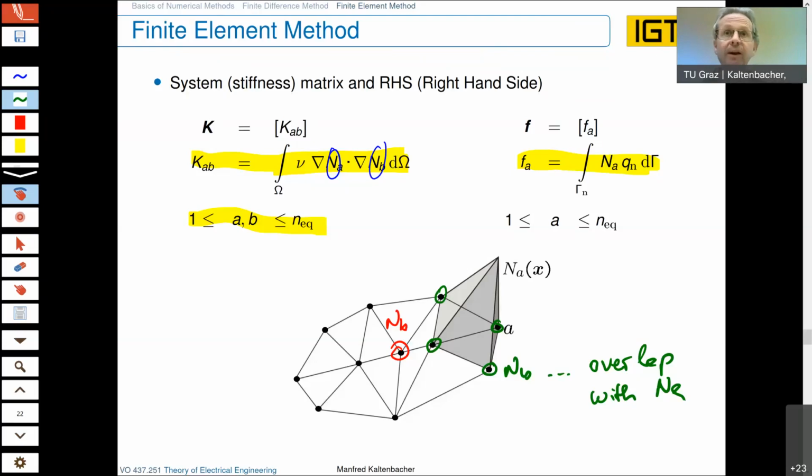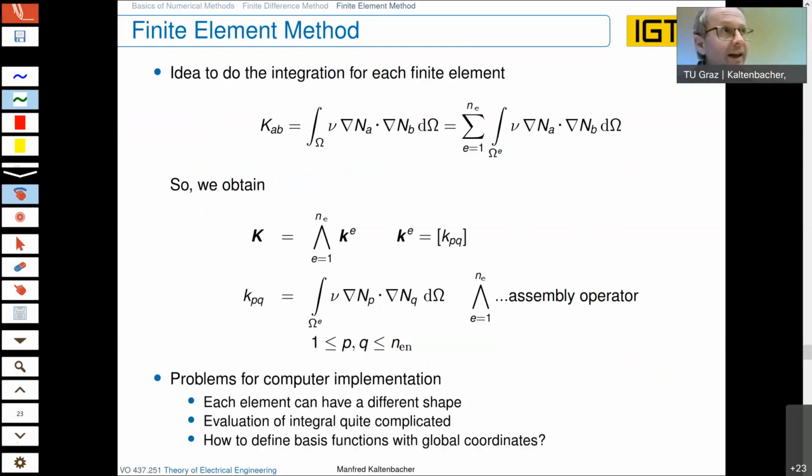Okay, so we have learned quite a lot about how we can make it efficient. Still, I have not told you how you compute the basis function, but what we have seen is that it doesn't make sense to evaluate this integral for one entry over the whole computational domain omega. So let's use the trick as we always can, without approximation.